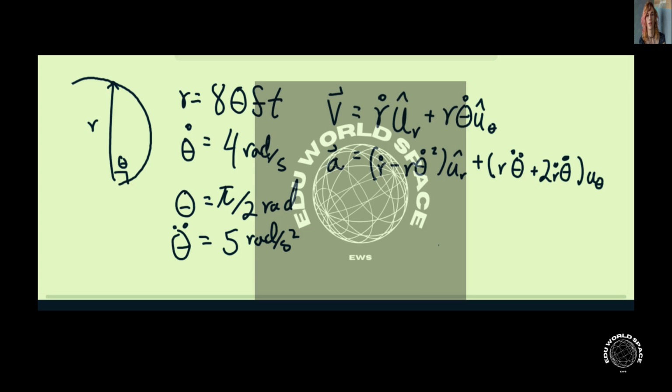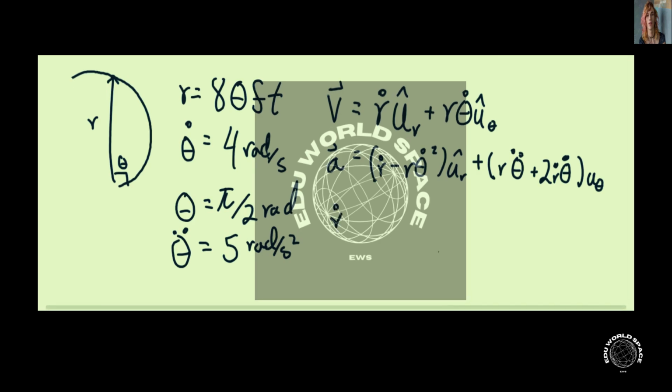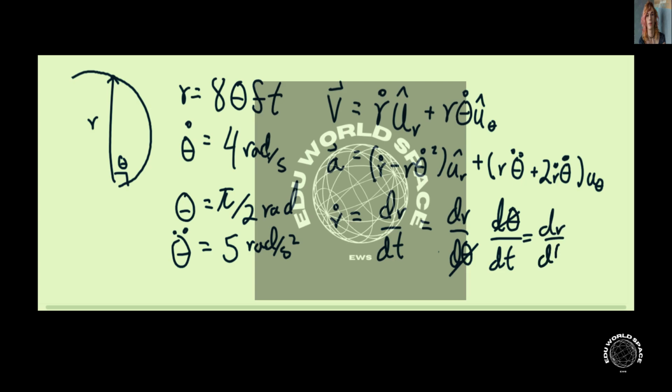If you look at these, we have everything we need here except for r dot, which can also be written as dr dt. And we have r of theta, so we could find dr d theta, and we have d theta dt. And these actually cancel out. So we can multiply dr d theta times theta dot in order to obtain our expression for r dot.